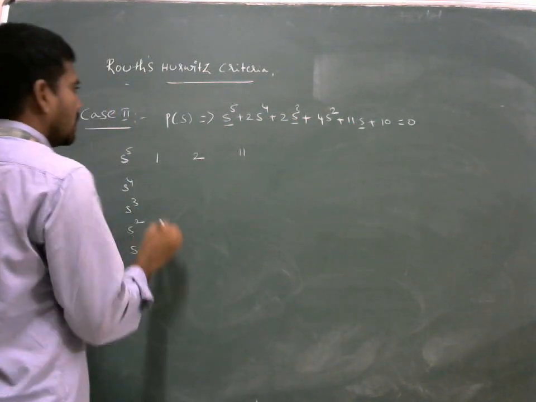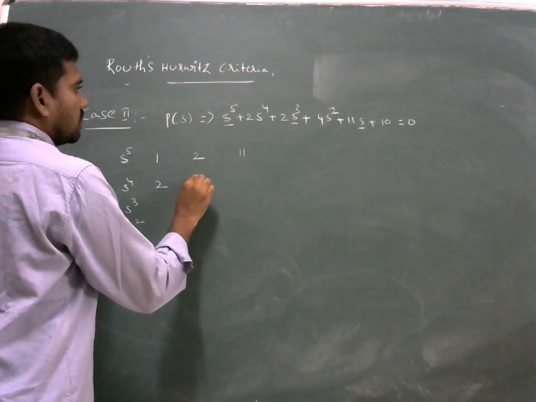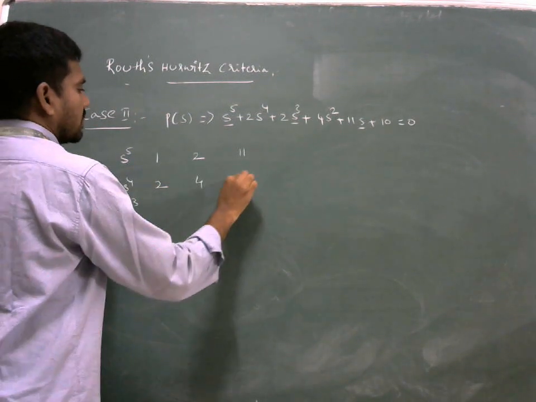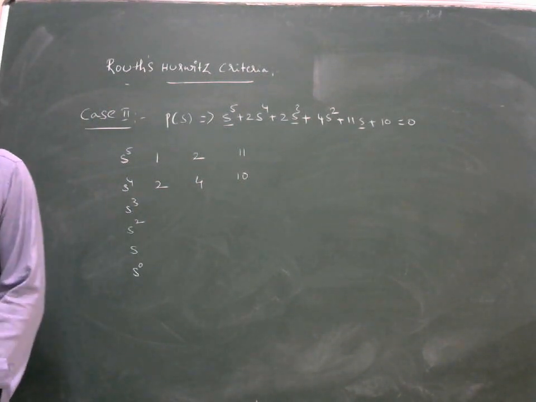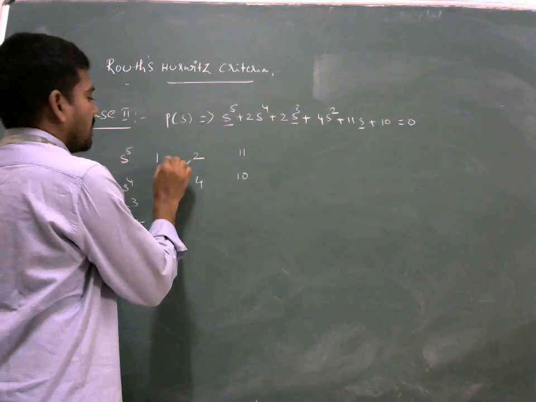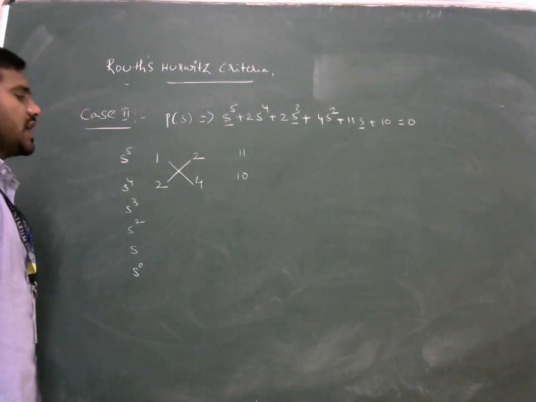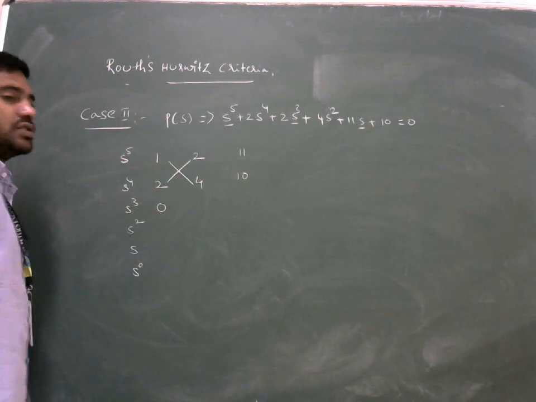Next row, we write all the even coefficients: 2, 4 and 10. Right, now how are you going to get this element here? 2 twos are 4, minus 4, that means 4 minus 4, how much do we get? 0.